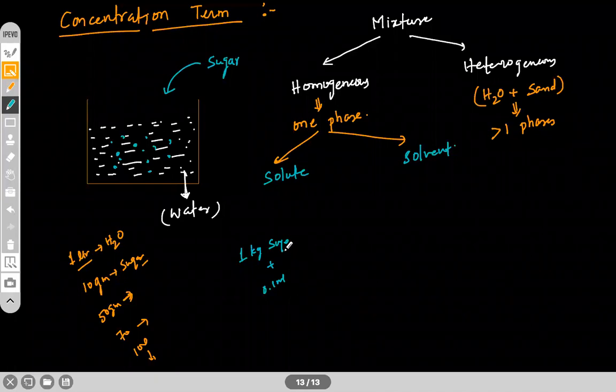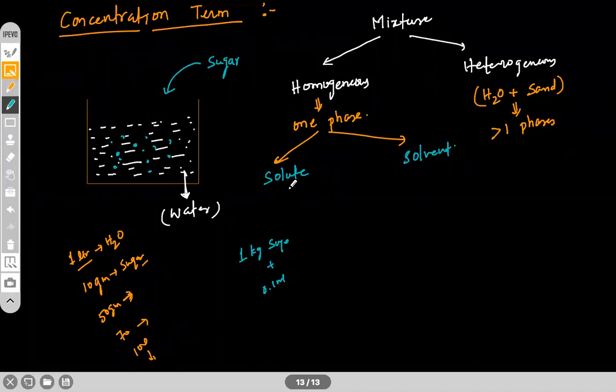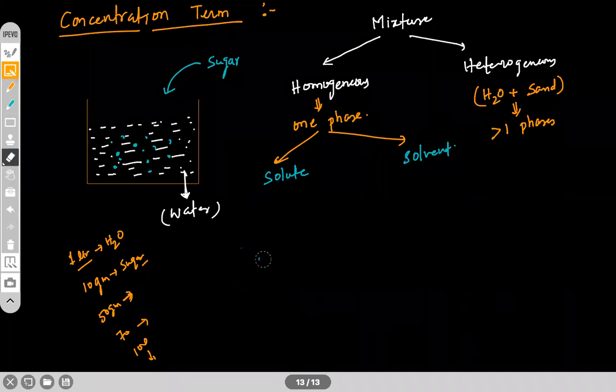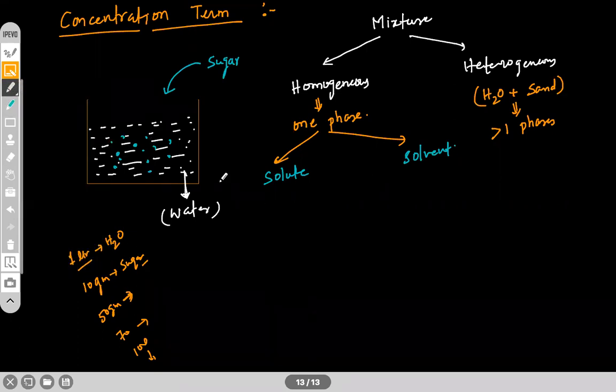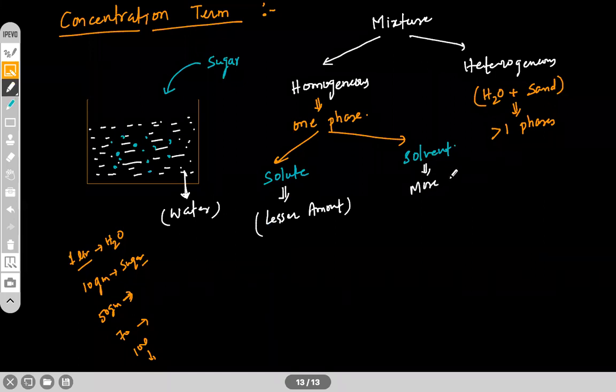So solute we always define as the component of a mixture which is present in lesser amount. Write down here. It is a component of a mixture which is present in lesser amount, that is solute. Solute always in lesser amount. Solvent always in more amount. Always in more amount. Correct?